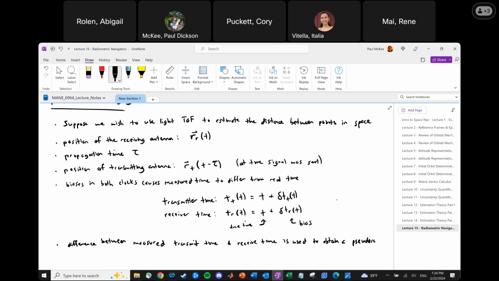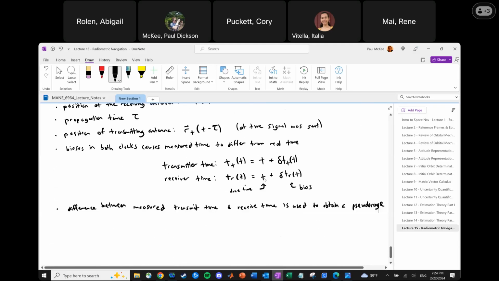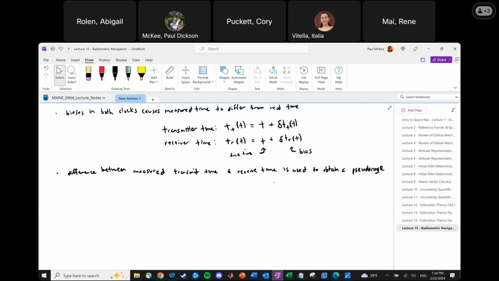So we don't know the range, but this is our best guess based on what we've seen. So we actually have to estimate rho before we even get to the point of being able to plug rho into a linear system of equations. So that's going to look like this. Rho, our pseudo range, which is a function of time. So I want to be abundantly clear, this is pseudo range.